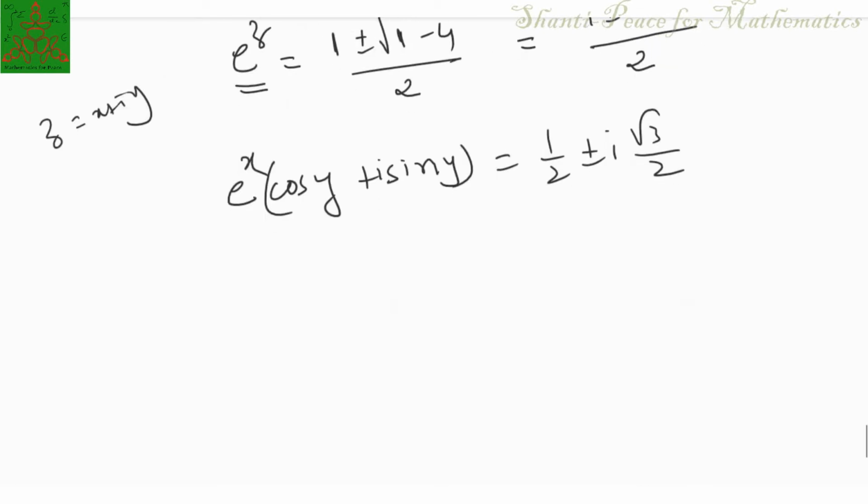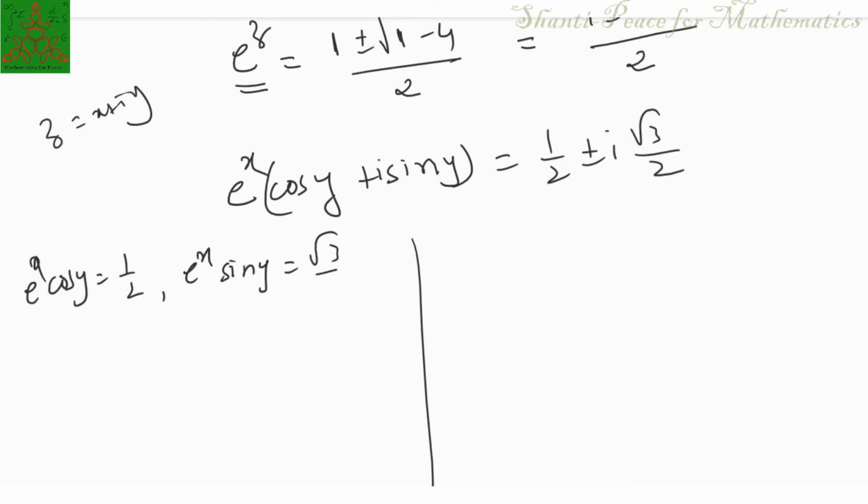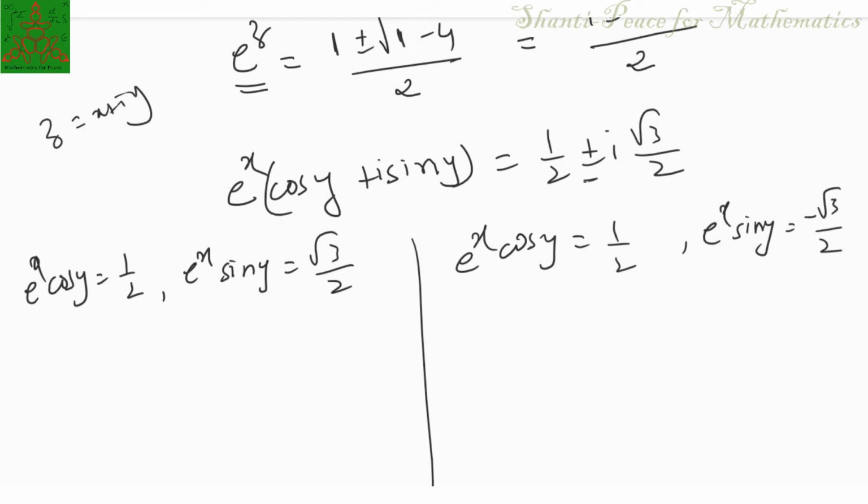Now you just observe it will have two values. The first one is e power x cos y equal to 1 by 2, and e power x sin y equal to root 3 by 2, by comparing real and imaginary parts. For the minus sign, we will have e power x cos y equal to 1 by 2 and e power x sin y equal to minus root 3 by 2.